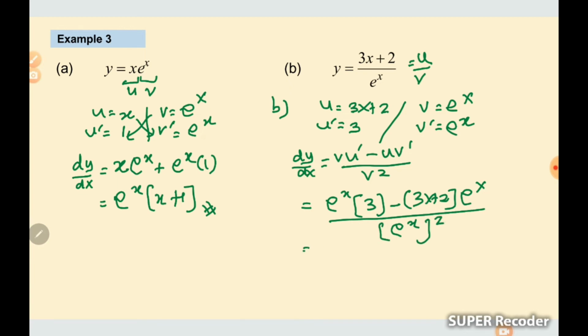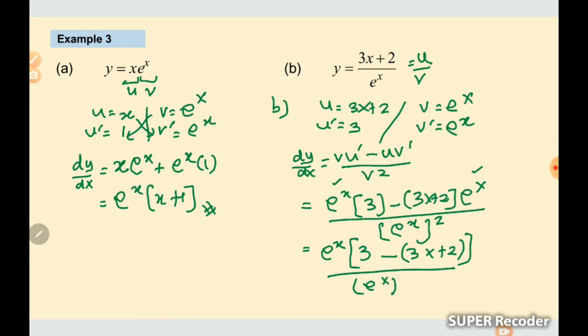So the answer is, what I can do here is factorize e to the power of x because we have it in both terms. So you factorize e to the power of x, and we have 3 minus (3x plus 2). Remember we have a bracket here, over (e to the power of x) squared.